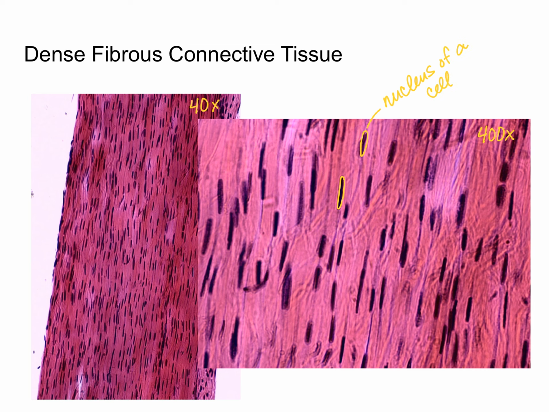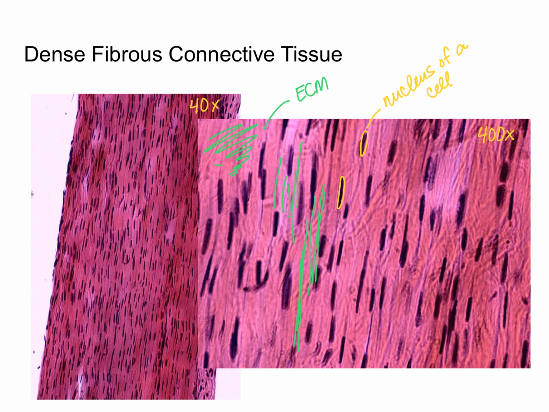And then all of this kind of pink stuff outside, so all of this area here, and you can kind of see that it's running in these kind of like long strings of proteins here. But basically, all of this pink area here is that extracellular matrix that we were talking about. So once again, we've got these cells that are kind of spaced out and not touching each other.